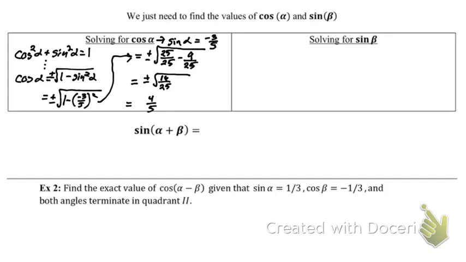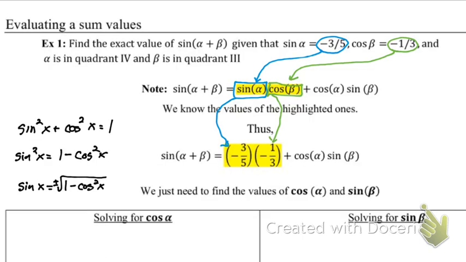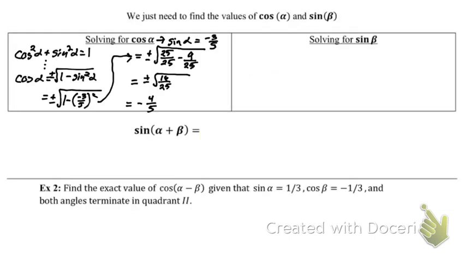And where are we going to figure out whether it's positive or negative from? Liv? Alpha's in quadrant 4. So since alpha is in quadrant 4, you have all students take calculus. That means cosine must be positive in quadrant 4.